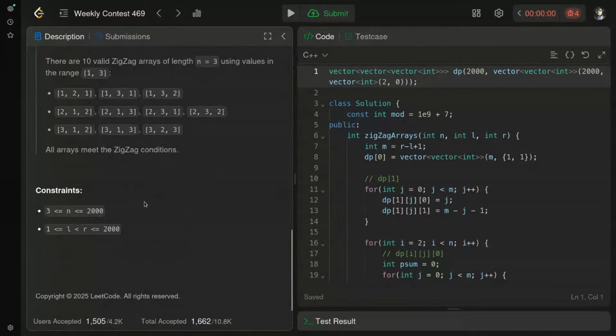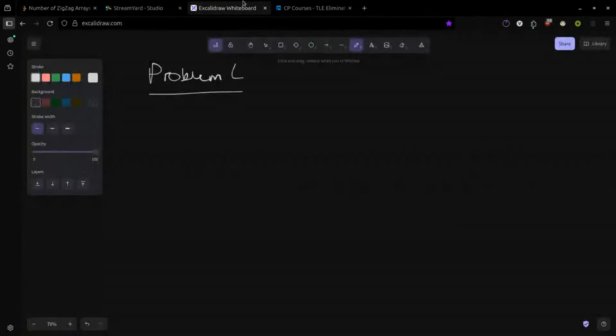And they've defined what strictly increasing and decreasing means. N here goes up to only 2000. L and R also go up to 2000, right?